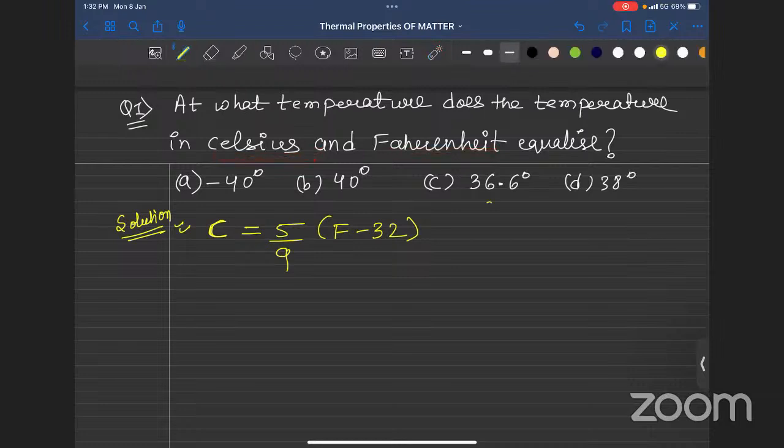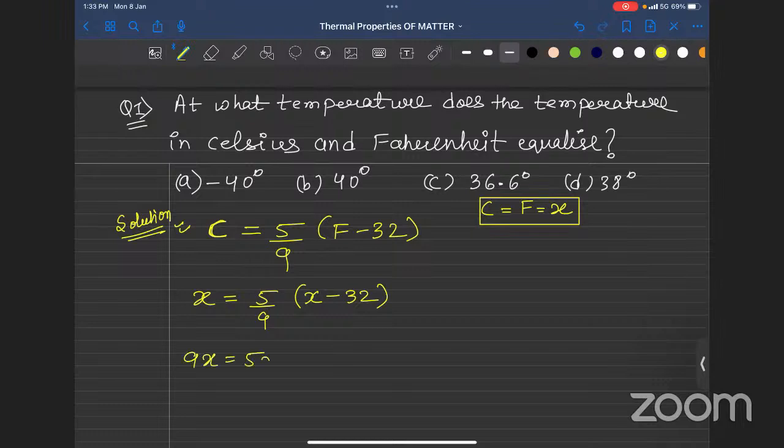So we can assume C and F as the same because they are equalized, isn't it? So when we use this, we get the value as C is x. F is also x. So x by 5 equals x minus 32 by 9. Let's use this. This is 9x equals 5x minus 5 into 32.